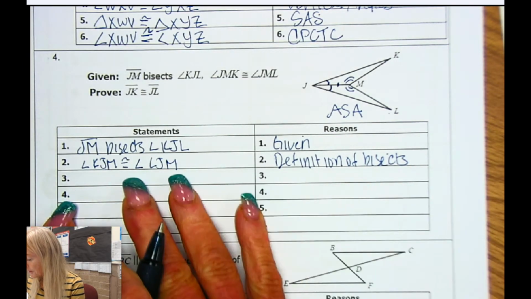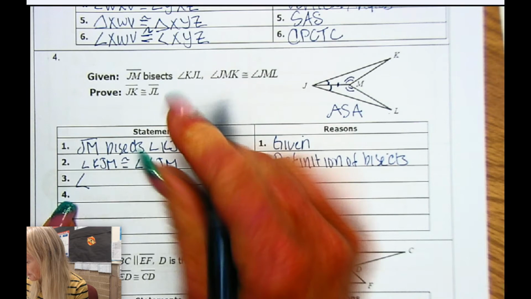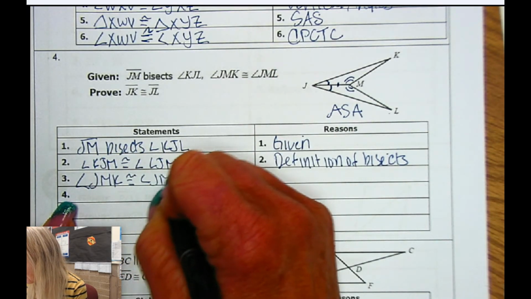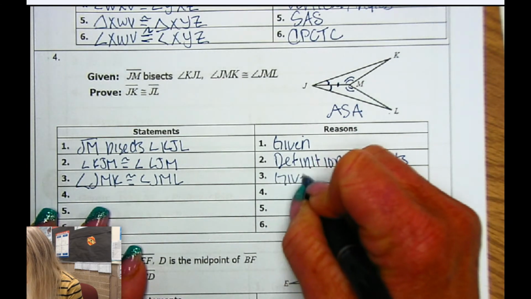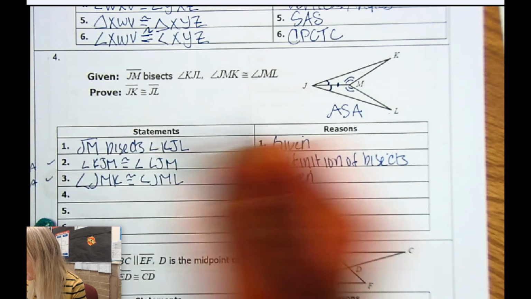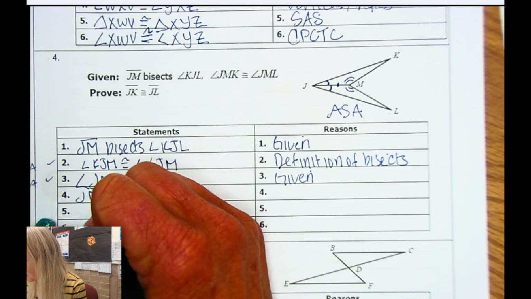And then the next thing we'll state is just our other given, our other angle. Angle JMK is congruent to angle JML. That's given.